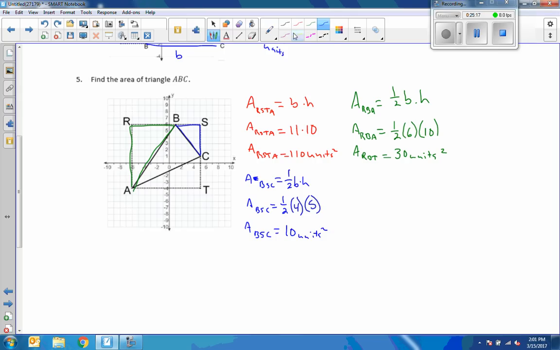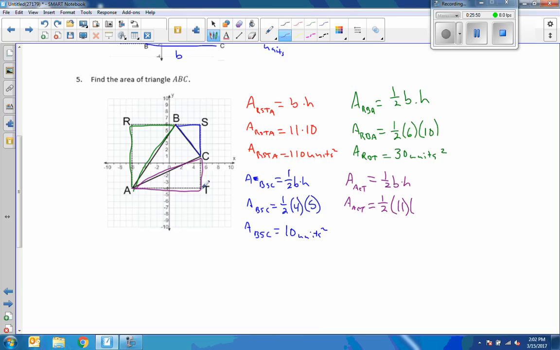Okay? And then now we're going to do this triangle. So the area of triangle ACT equals 1/2 base times height. The area of ACT equals 1/2, and for this one the base is -6 to 0, 0 to 5, that's 11, times the height, which is 5.